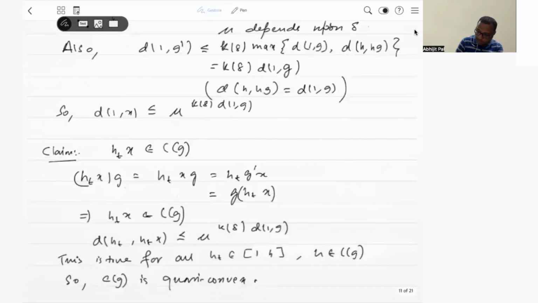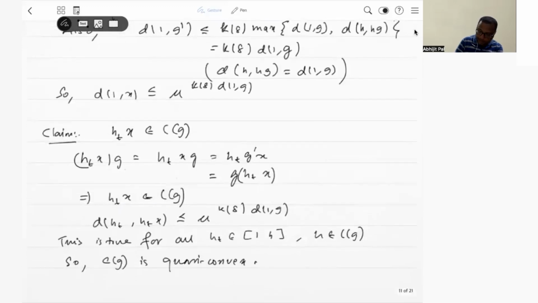So because of that, h_t x g is equal to g h_t x. This proves that h_t x belongs to the centralizer, and the distance between h_t and h_t x is less than or equal to mu to the power K delta times the distance between 1 and g. And this is true for all h_t belonging to this geodesic joining 1 to h, where h belongs to this centralizer. Therefore, this centralizer is a quasi-convex subgroup.